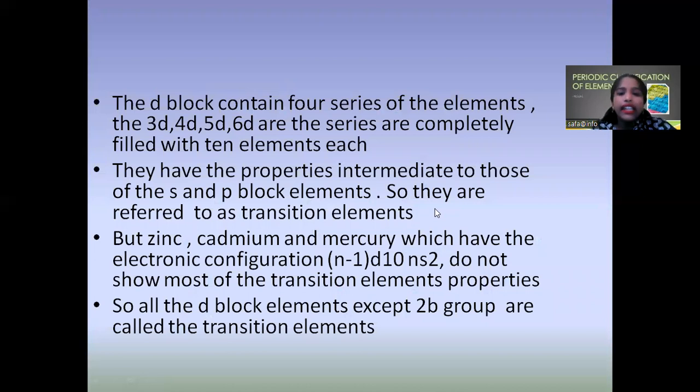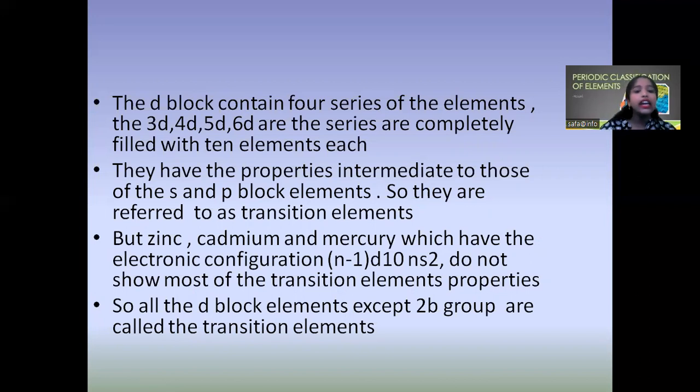The d block contains 4 series of elements. The 3d, 4d, 5d, 6d series are completely filled with 10 elements each. They have properties intermediate to those of the s and p block elements. So they are referred to as transition elements. But zinc, cadmium and mercury, which have the electronic configuration (n-1)d10 ns2, do not show most of the transition element properties.